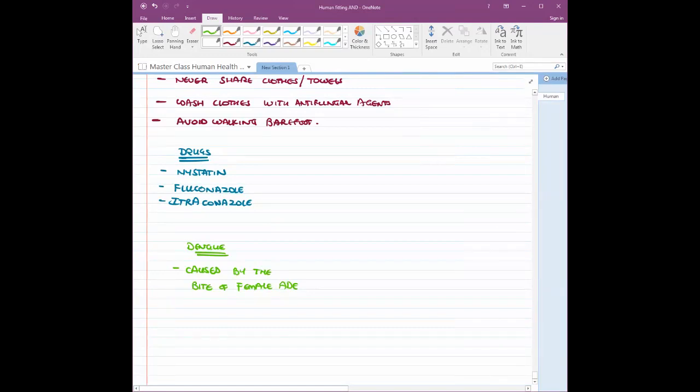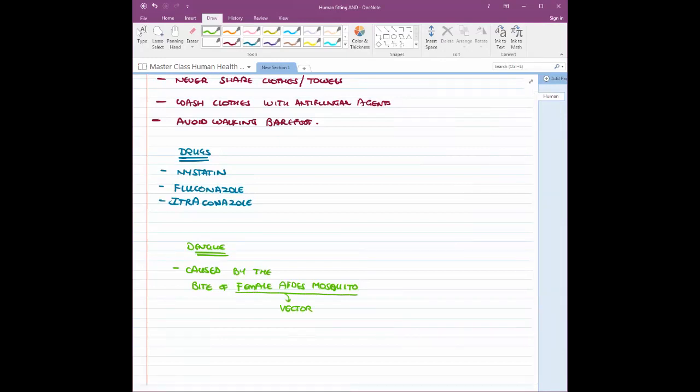So this is caused by the bite of the Aedes mosquito. And guys, this Aedes mosquito, always remember, is always going to act as the vector.